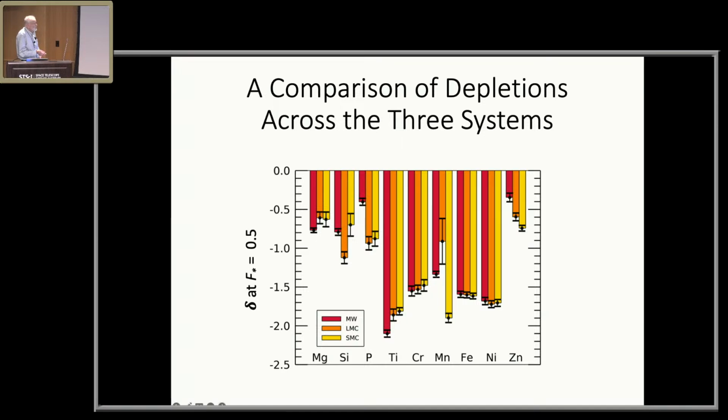You can see, for instance, that phosphorus has much less strength of depletion than in the Magellanic Clouds. Titanium has stronger depletion than in the Magellanic Clouds. And I should point out, these are dex. So 0.3 dex is a factor of 2 difference in the strength of the depletion. There are also rather large differences in manganese, and likewise for zinc.